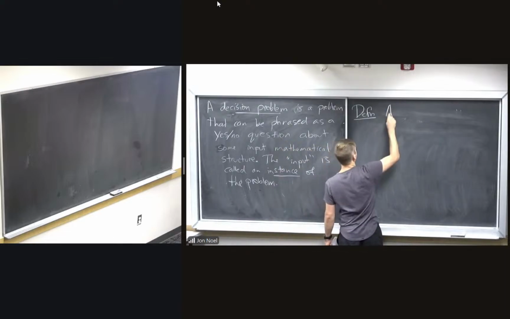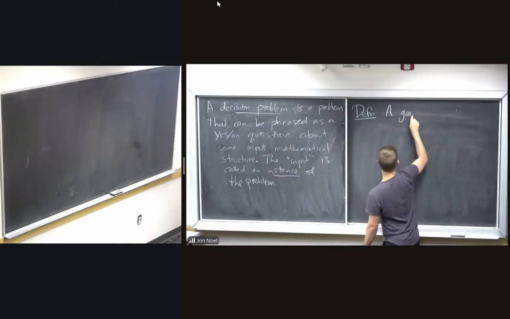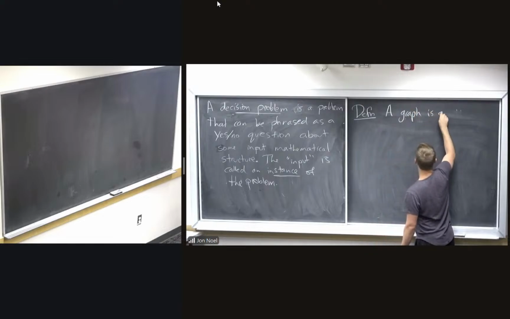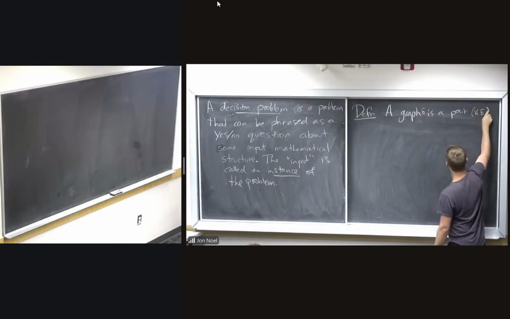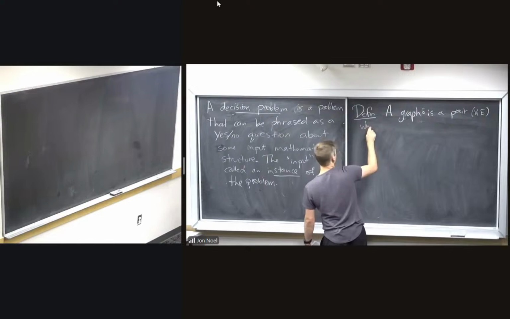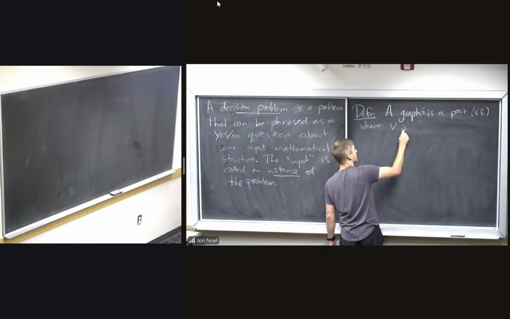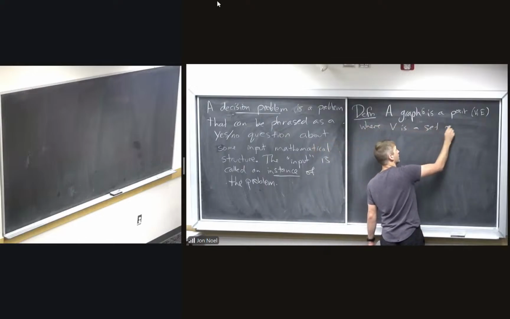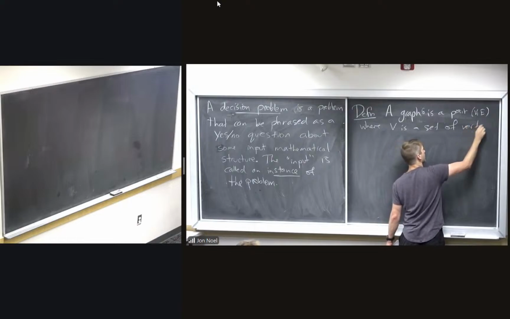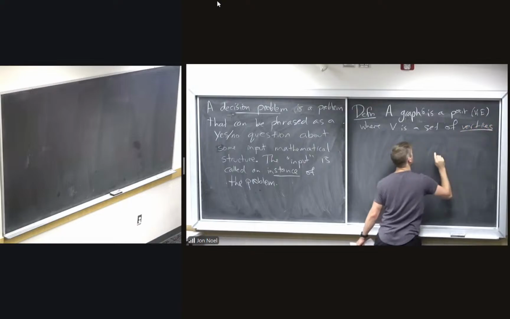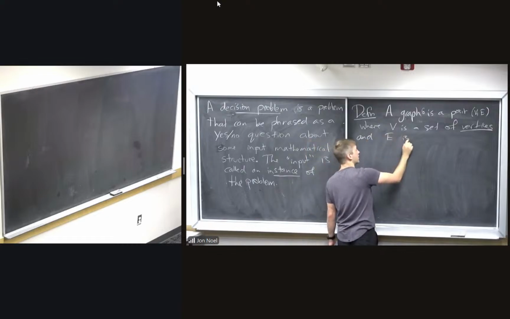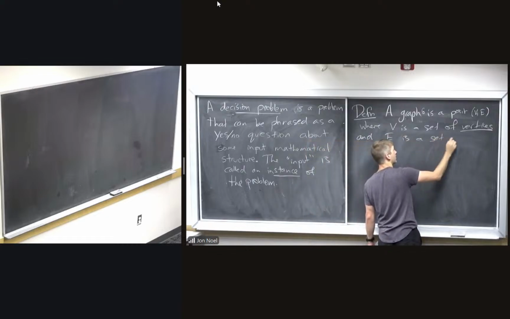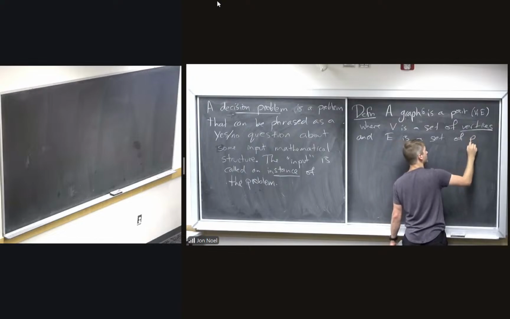A graph G is a pair (V, E), where V is a set of vertices and E is a set of pairs of vertices.